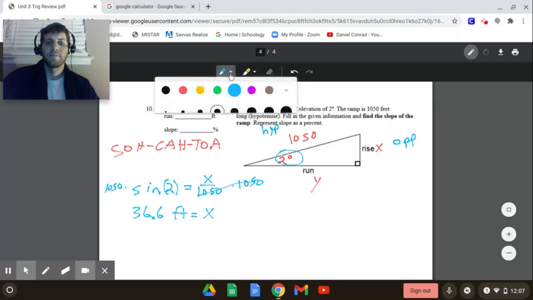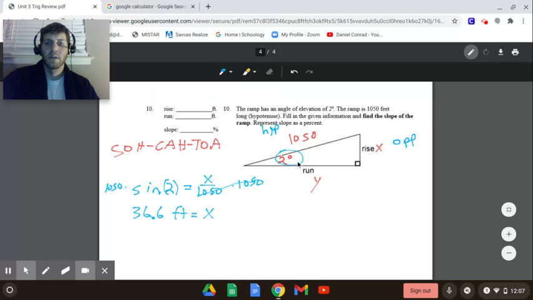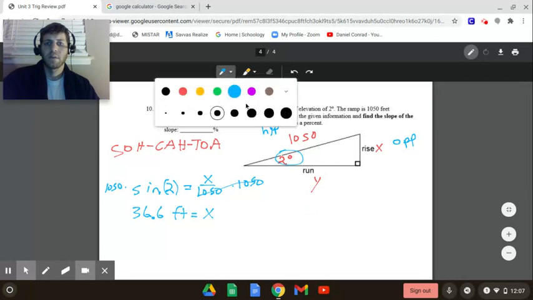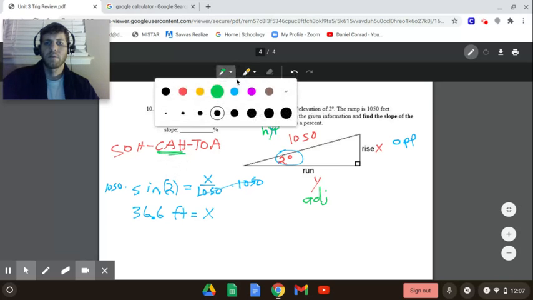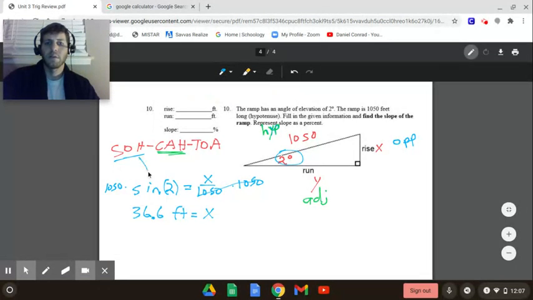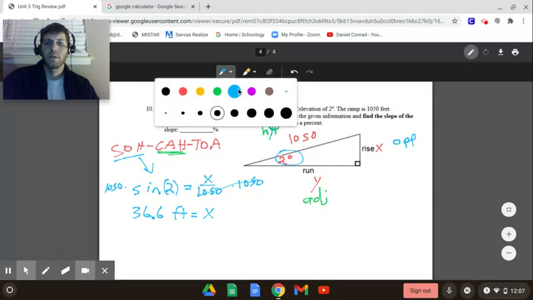Now we can do the run. Again, the hypotenuse is the same, and this is going to be the adjacent. So this time we're going to use cosine. Originally we used sine for this one; now we're going to use cosine.